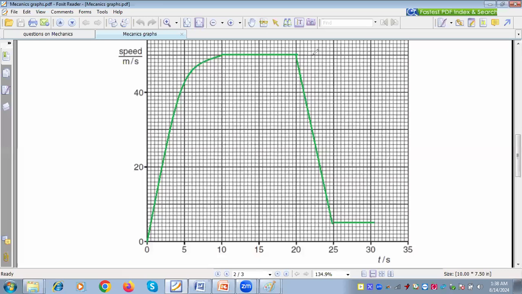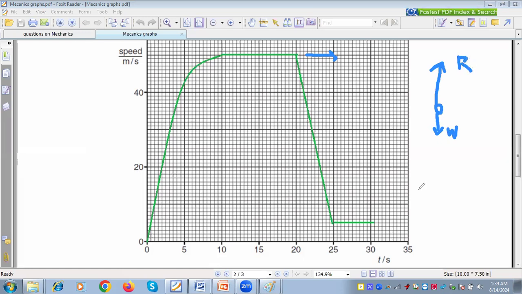At this point, this is the parachutist, and the upward force will be larger than the weight, W. So the resultant force acts in the upward direction.